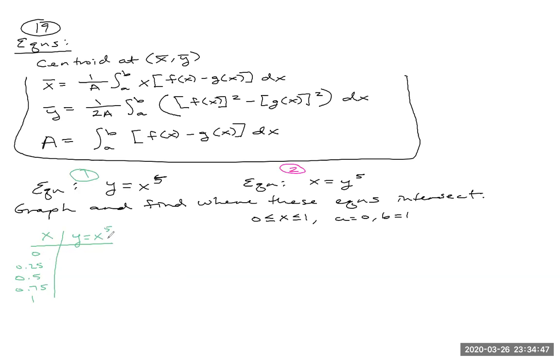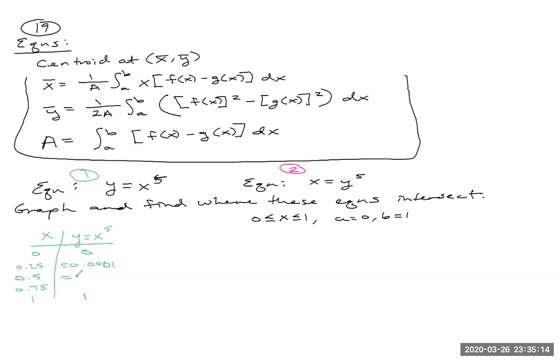And then we plug in and actually take these x values to the 5th power. So we're going to get 0 here and 1 here. In the middle, we're going to approximate these up to about 0.001. Oh, sorry. 0.0001.